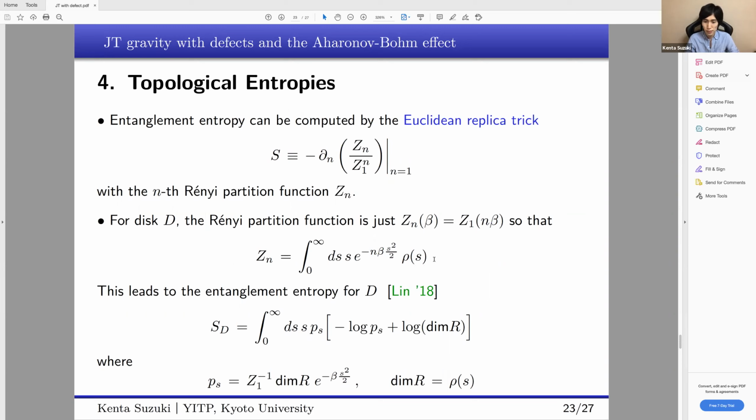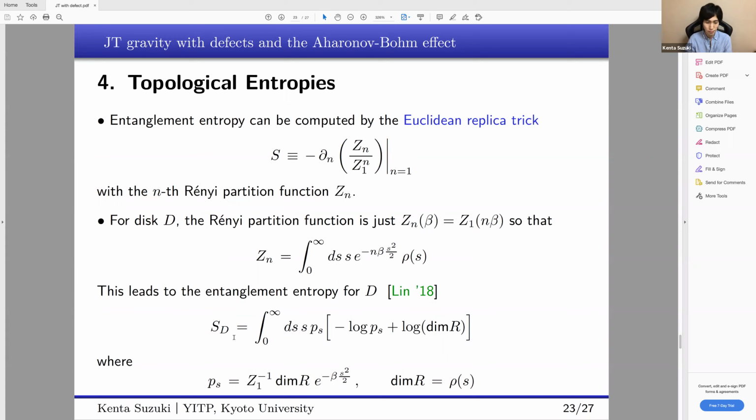So the spectral density does not change from the original partition function, denoted by Z1 here. Then we can simply use this replica trick expression for entanglement entropy.